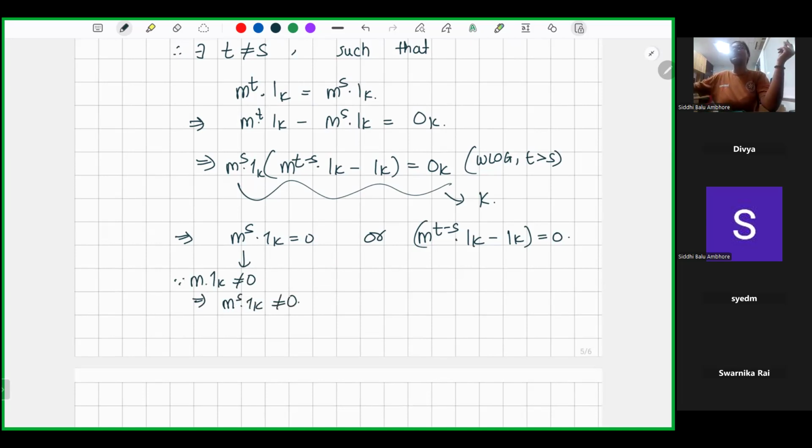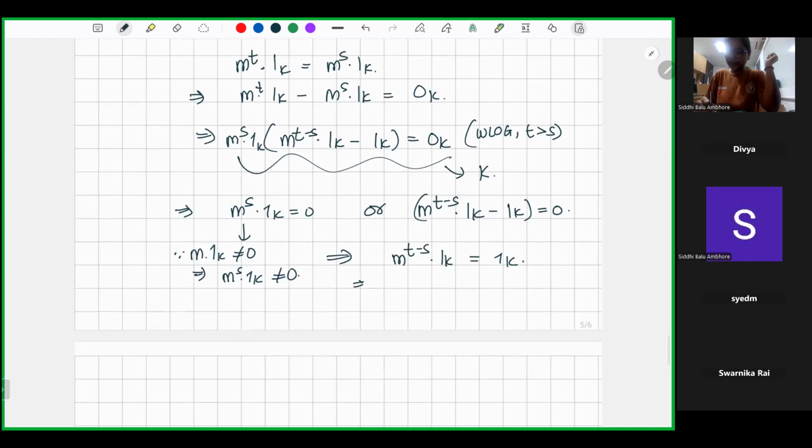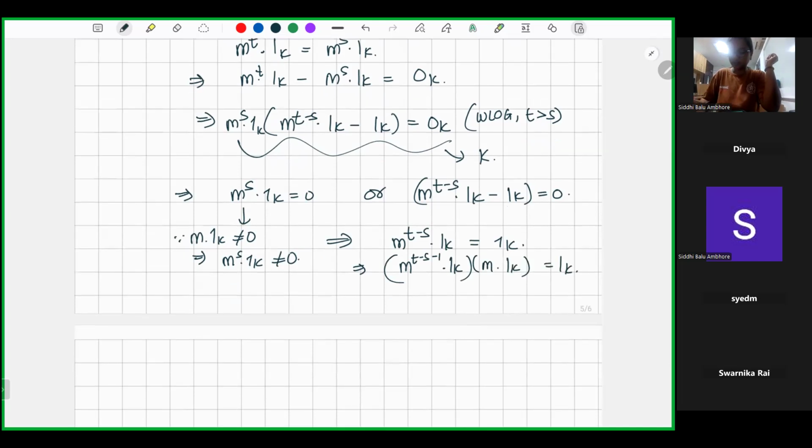I'm taking multiplication. So this implies that m power t minus s into 1k is equal to 1k. And since this is 0, I will get m power t minus s minus 1 into 1k into m into 1k is equal to 1k.